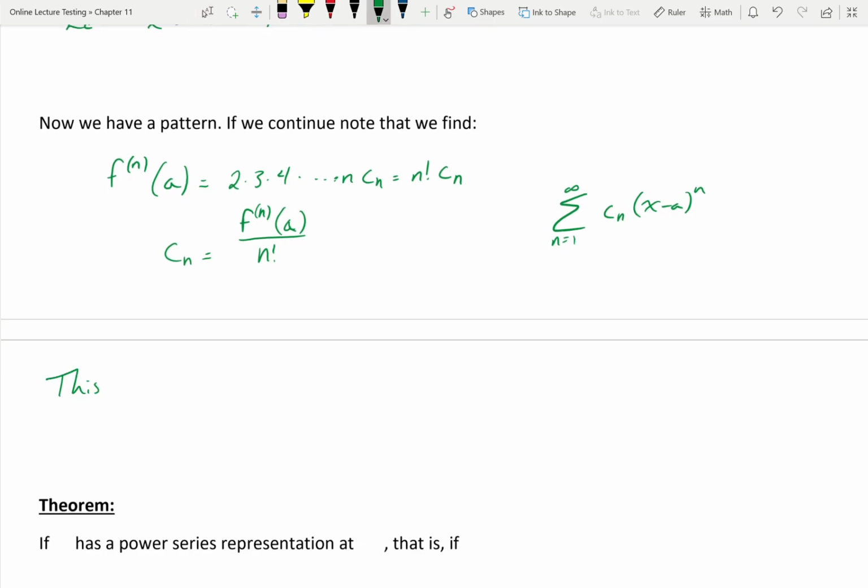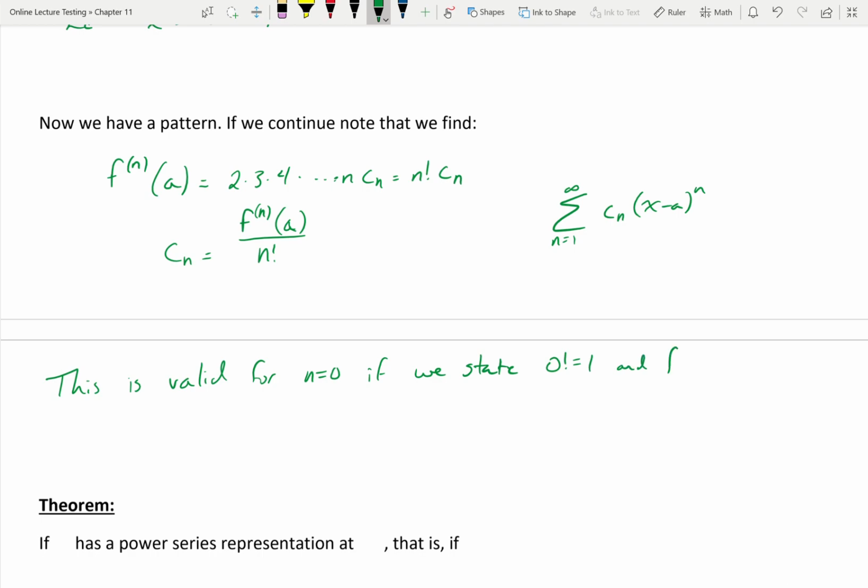Okay, so we need to worry about the very first term that we dealt with. This is actually valid for n equal to 0, if we state 0 factorial is equal to 1. And this is the definition.